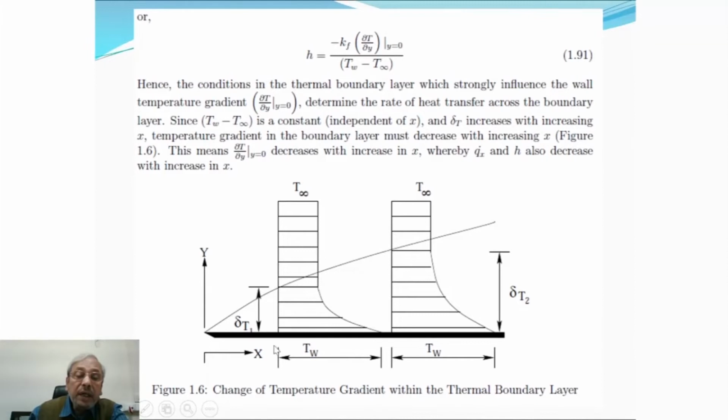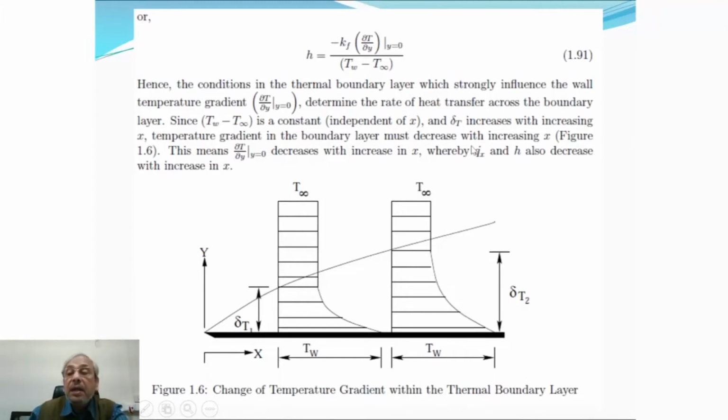Now the thermal boundary layer at this x location is given by delta T1, whatever it is, if we can measure that. If we walk along the surface downstream, the thermal boundary layer thickness increases, and at this x, delta T2 is the distance we need to cover to reach the temperature T infinity.